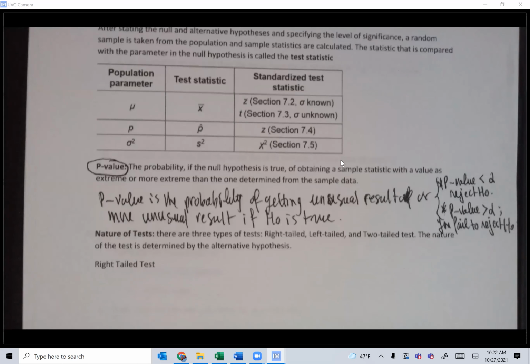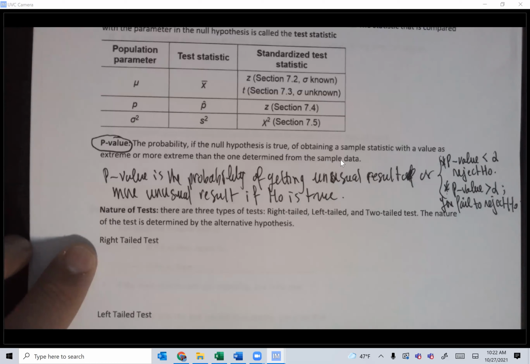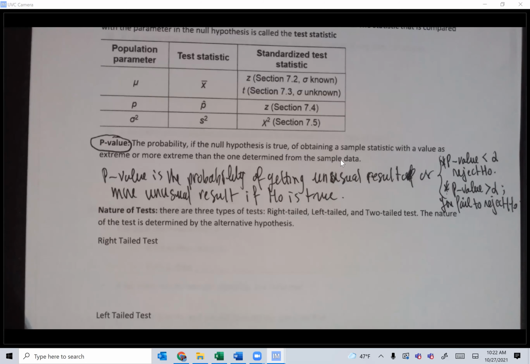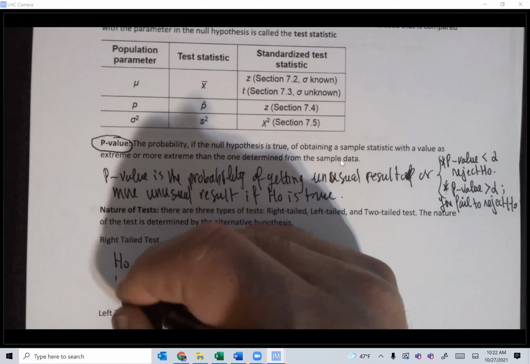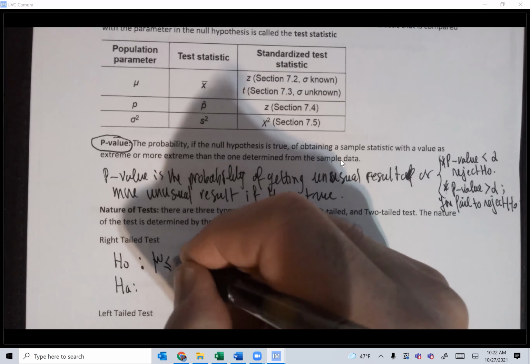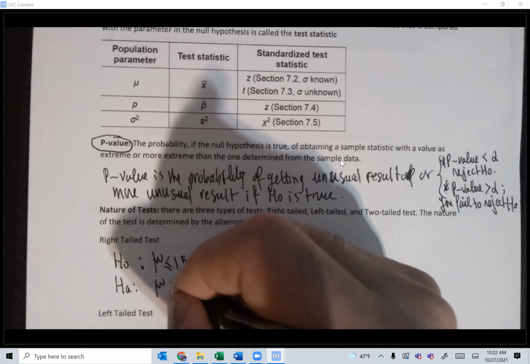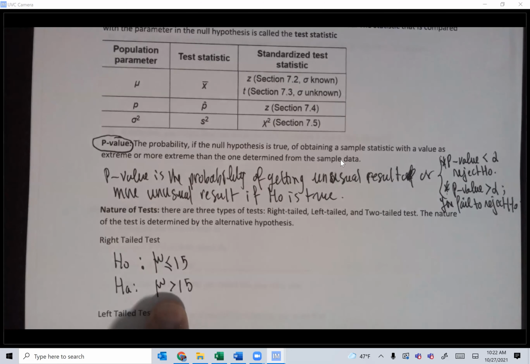Okay, let me tell you some more definitions before we do complete problems, guys. So what is a right tail test? What is a left tail test? And what is a two-tail test? When you have the null hypothesis and the alternative is stated like this, let me just give you an example. Greater than means going to the right.